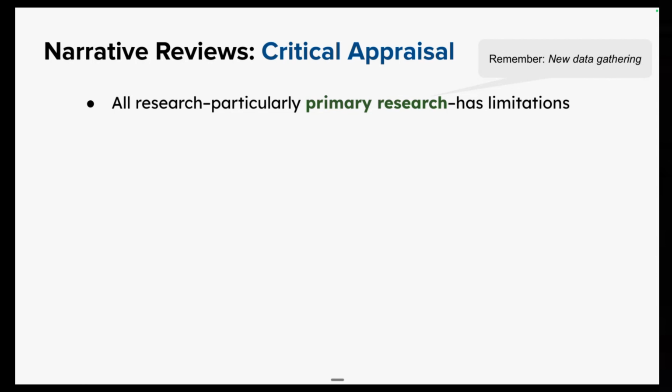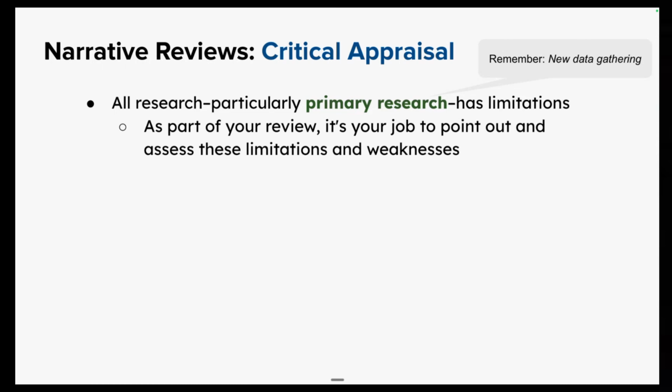The critical appraisal piece: all research, and especially primary research, that is going out and gathering new data, has limitations. And as part of your review, it's your job in that critical appraisal piece to point out those limitations. These limitations come up all the time.